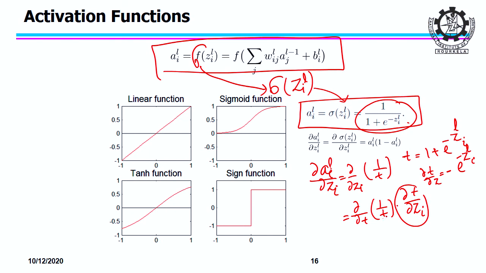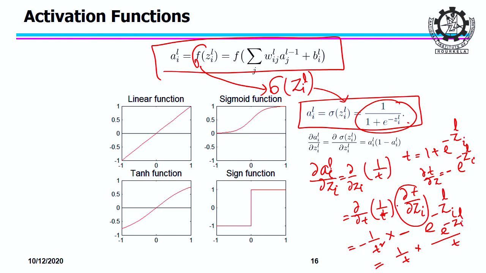Now we have to compute the other part, which is d by dx of 1 by x, that is minus 1 by x square. So, we get 1 by t square, multiplied by this value, which is also minus e to the power minus z_i^L. So the minus minus becomes plus, and we can write 1 by t into e to the power minus z_i^L by t, easily.